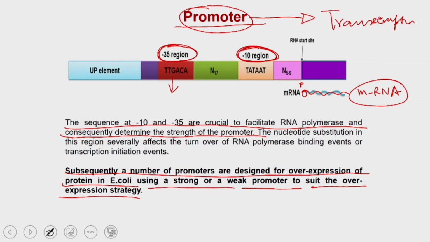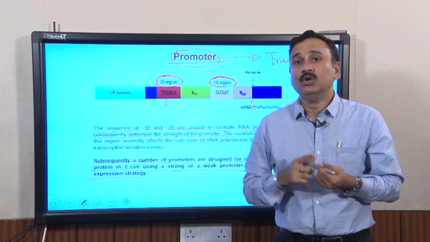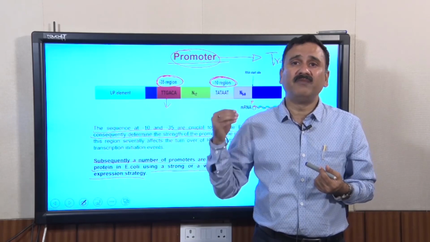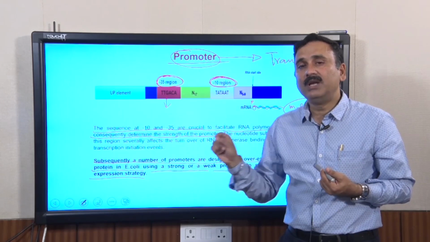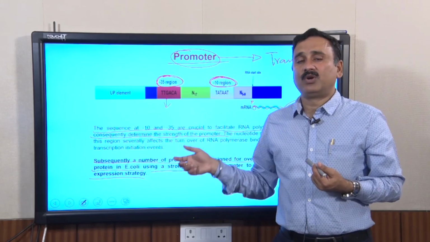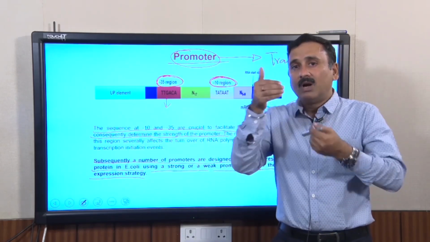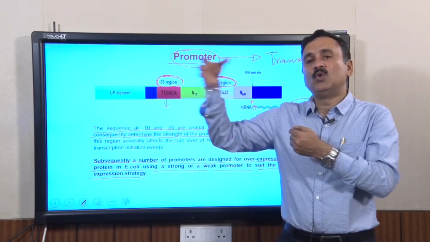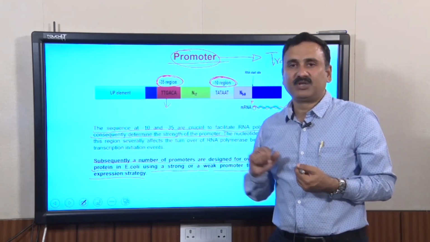For example, in some cases it is not essential that you use the strong promoter. In some cases, you prefer to use the weak promoter, because the advantage of a weak promoter is that it lowers the protein production. Once it lowers the protein production, it gives more time for the protein to get folded. For example, suppose you are trying to overexpress a eukaryotic protein in E. coli as an expression system.